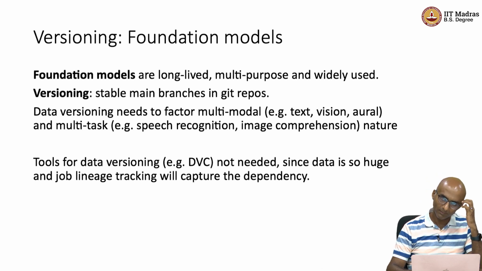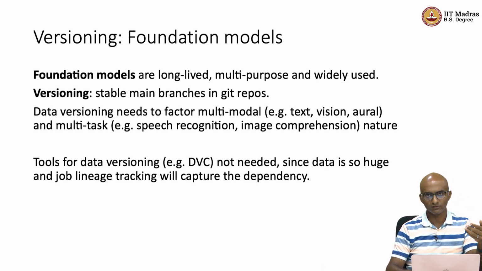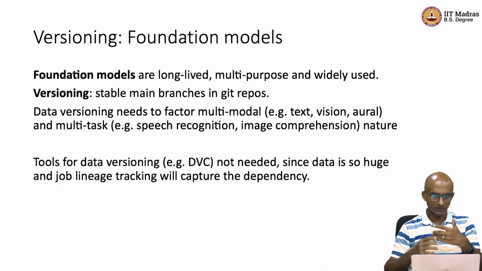So remember, there are two main artifacts here. One is the foundation model that gets produced at the end of the pre-training stage. The second is the fine-tuned model, which is usually task specific, which gets produced at the end of the fine-tuning stage. So the way you deal with each of these two is different. If you look at foundation models, these are long-lived, they are multi-purpose, right?